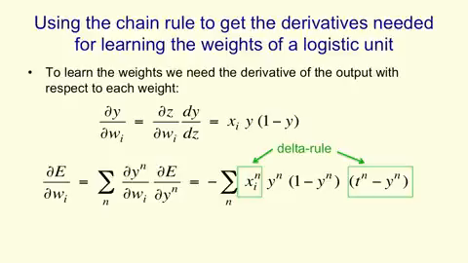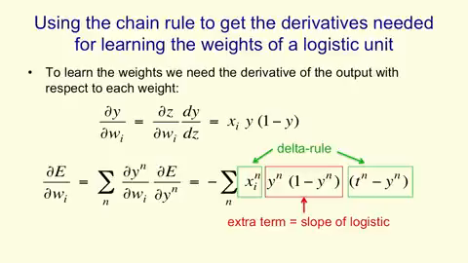But it's got this extra term in it, which comes from the slope of the logistic function, which is yn into 1 minus yn. So a slight modification of the delta rule gives us the gradient descent learning rule for training a logistic unit.